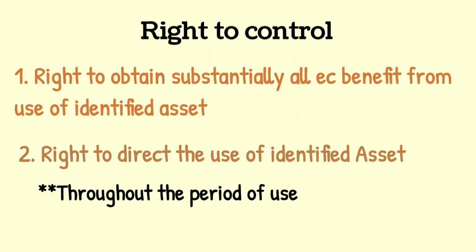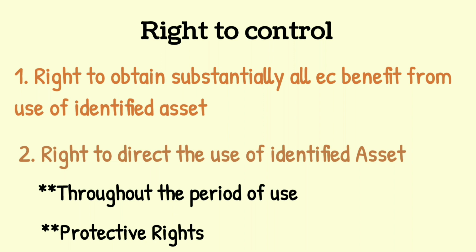Till now, we have learned to check whether a contract contains a lease or not. In this portion, there is also an important concept given of protective rights. Protective rights are defined as where the supplier can prevent the customer from having the right to direct the use of an asset. Let's take an example.